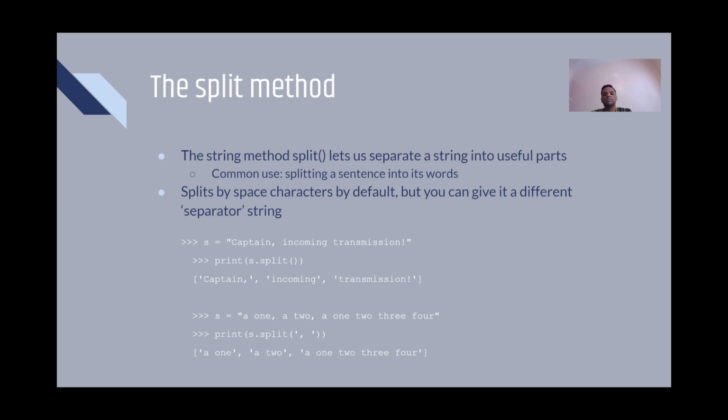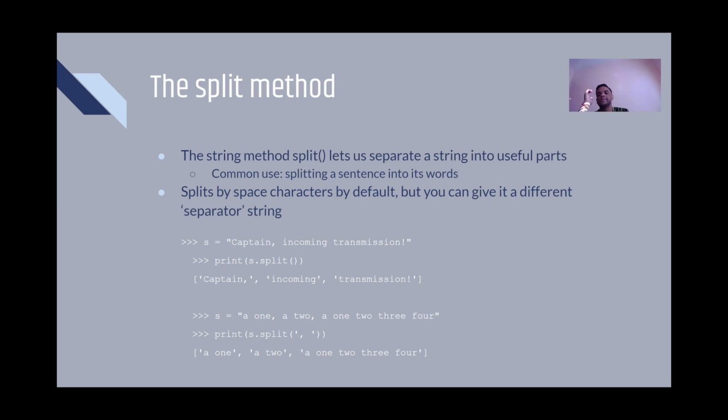Okay, so the split method. The string method split lets us separate a string into useful parts. The common use is when you want to split a sentence into its individual words. It splits on space characters by default, but you can give it a different separator string.